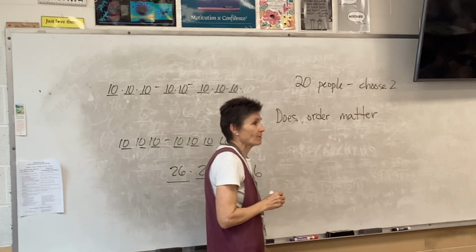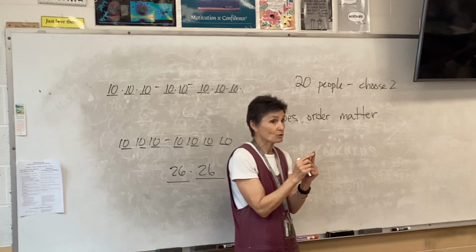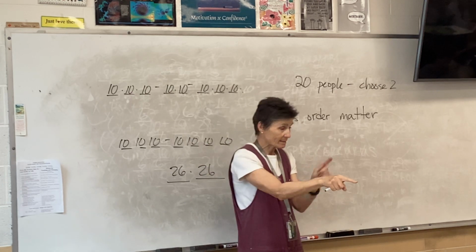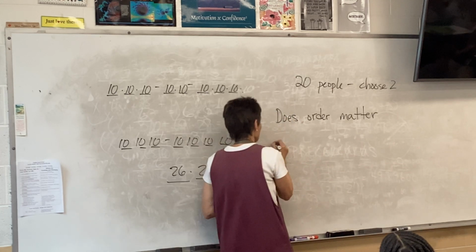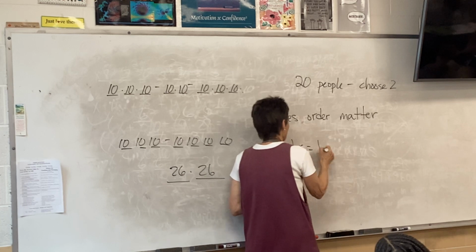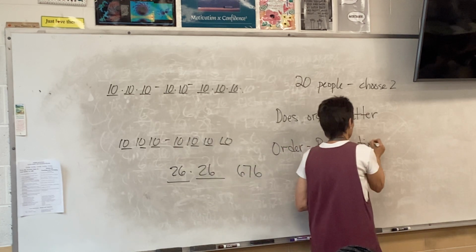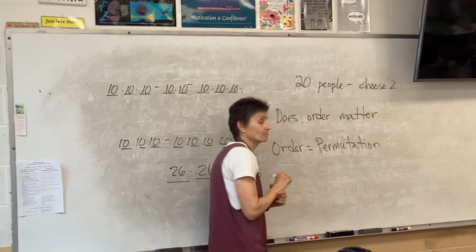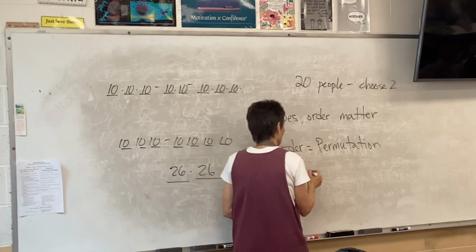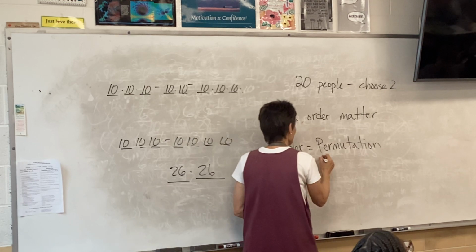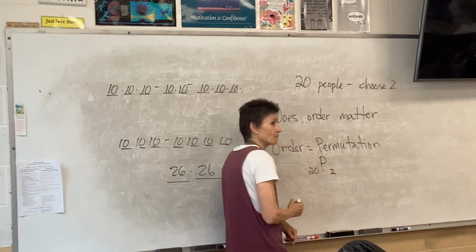If order matters, and order matters when the jobs are different, president, vice president, that matters. When order matters, it's called a permutation. That's the math word for order matters. And in this problem, our notation would be 20P, and that P is for permutation, 2.